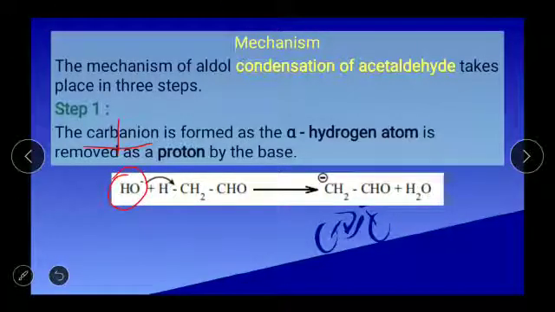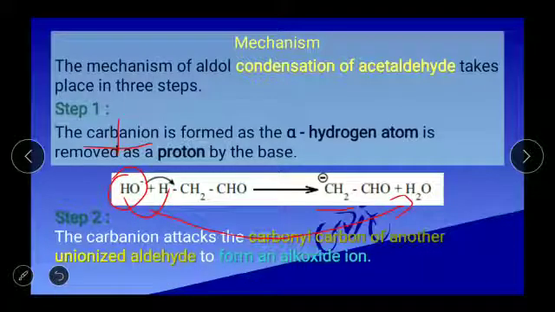This OH minus approaches the alpha hydrogen atom, and the alpha hydrogen is removed as water along with the OH minus. So the carbon becomes negative. There is a formation of carbanion. This is the first step.